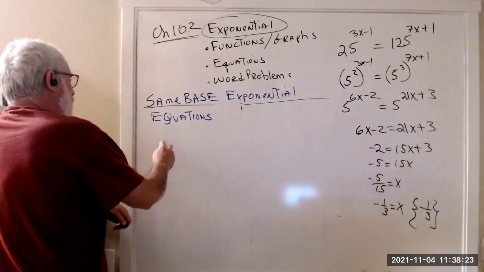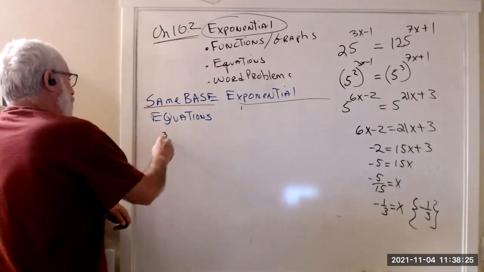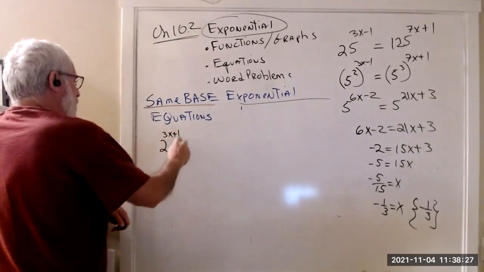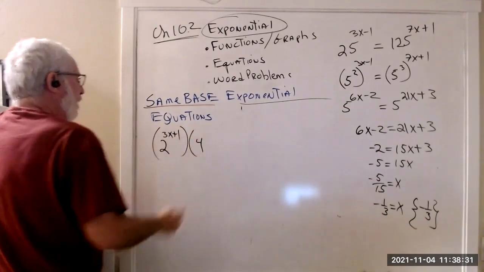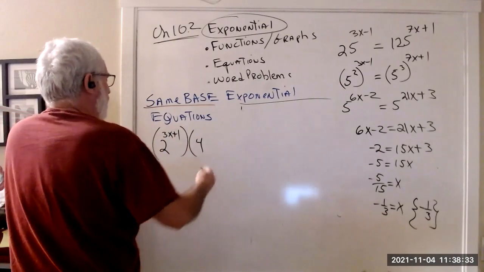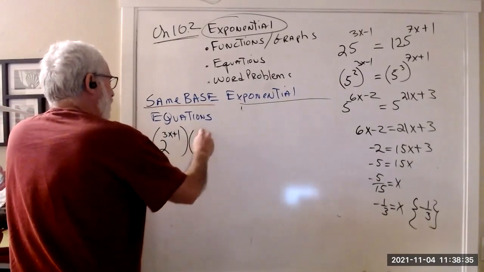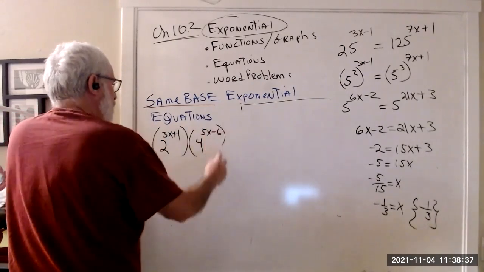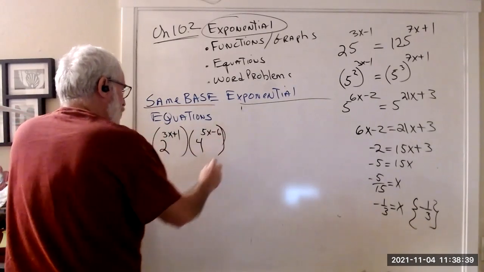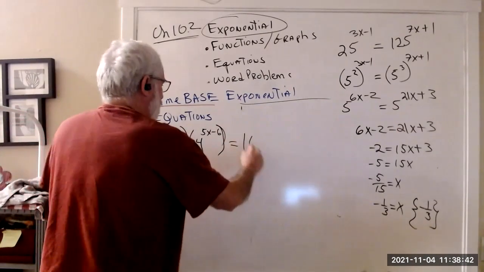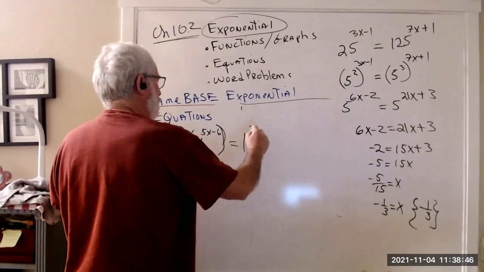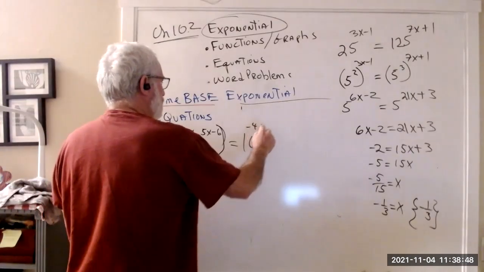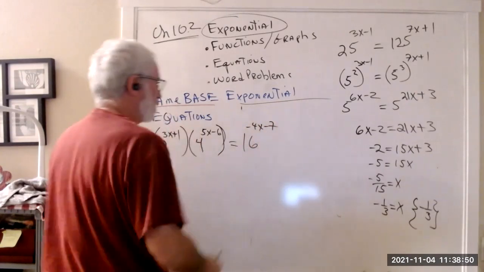What if I had 2 to the 3x plus 1 times 4 to the 5x minus 6 equals 16 to the negative 4x minus 7.